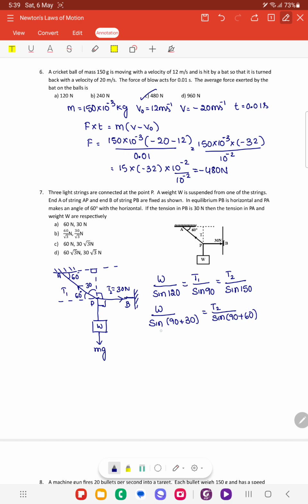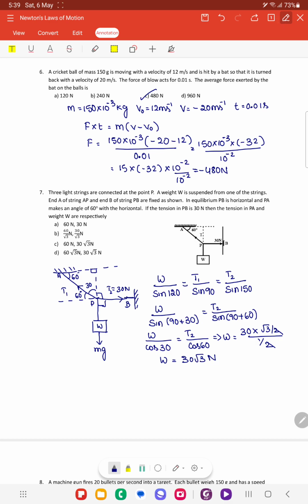So we have sine 90 plus theta is cos theta, W divided by cos 30 is equal to T2 by cos 60. So W is equal to T2 value, we have 30 Newton into cos 30, which is root 3 by 2, divided by cos 60, which is 1 by 2. So the 2 gets cancelled. So we have the weight is 30 root 3 Newton.